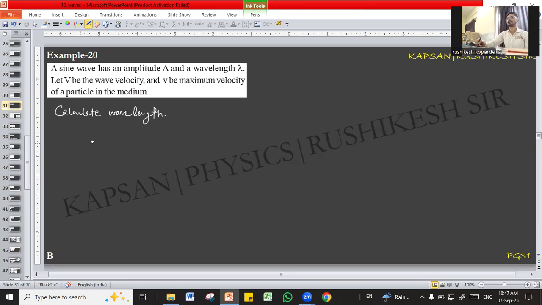We have amplitude A, wavelength lambda. Capital V is what? Wave velocity. And small v is maximum particle velocity. So what we can do? We know maximum particle velocity is equal to what?